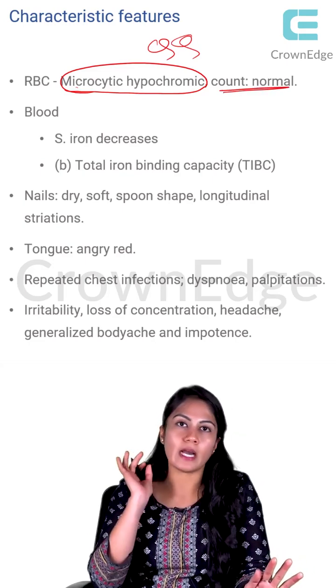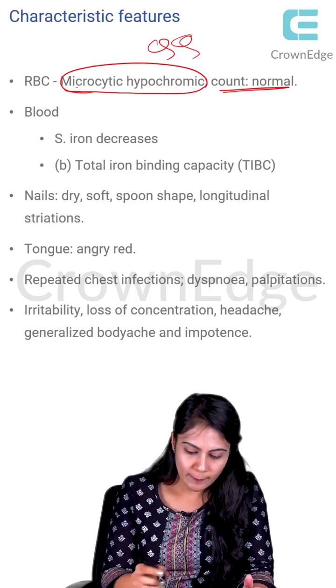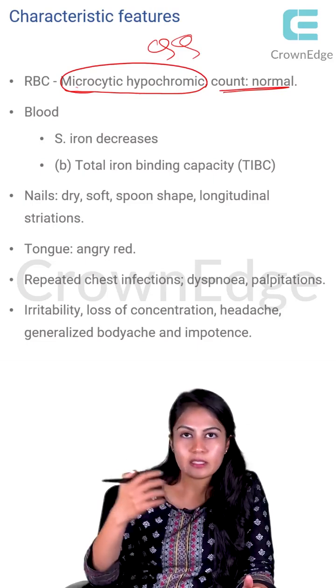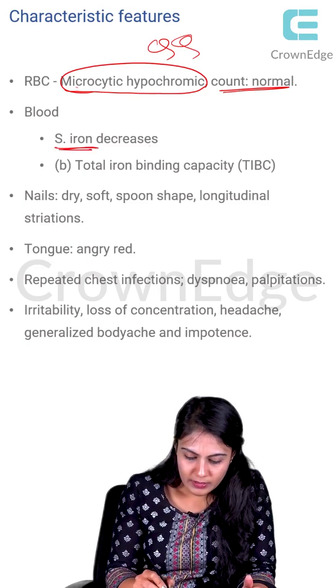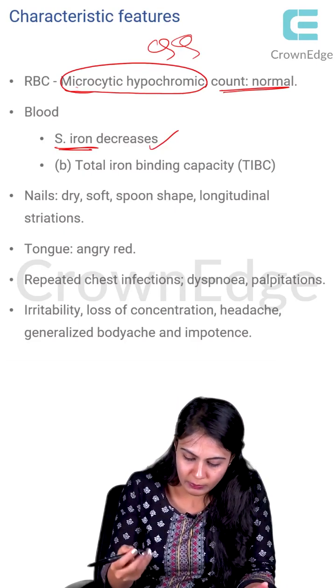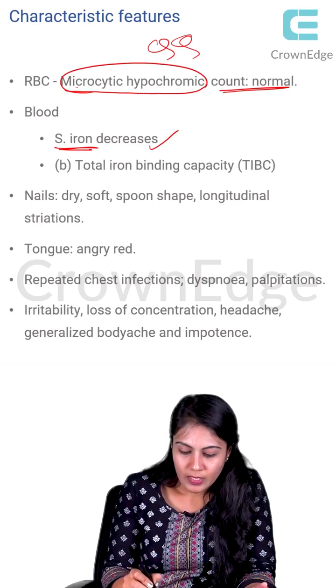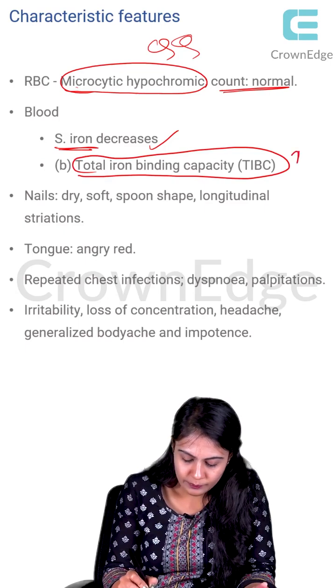There's a deficiency in iron, but not in other factors, so RBC counts are usually normal. If you take a blood sample and check the serum iron, it must be decreased. Obviously, it is iron deficiency, so serum iron will be decreased, but the total iron binding capacity will increase.